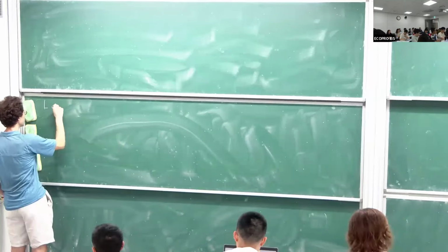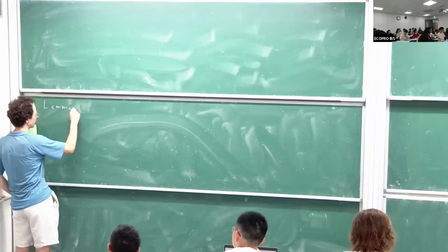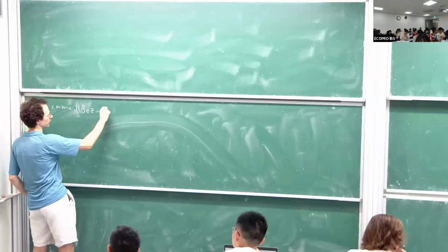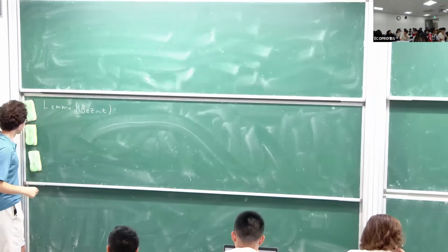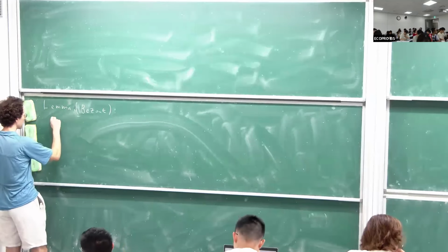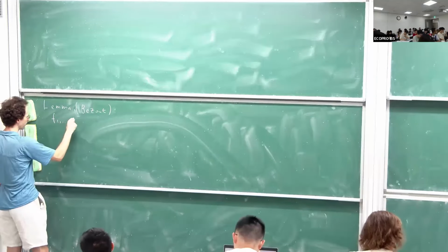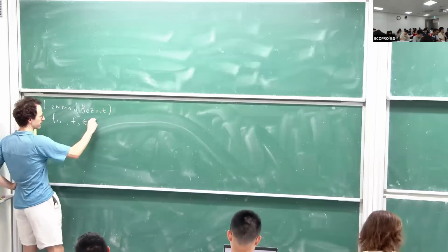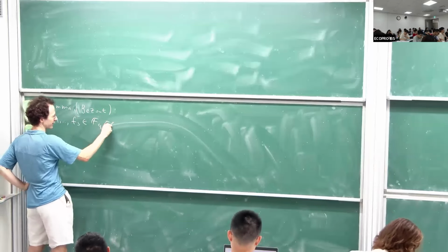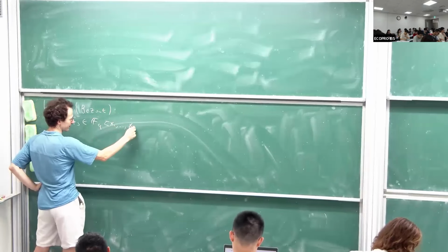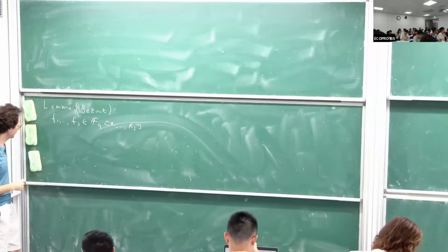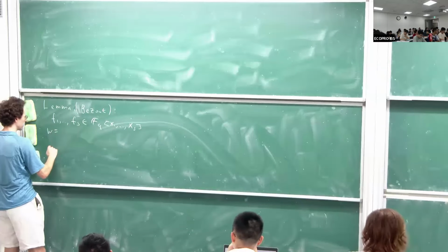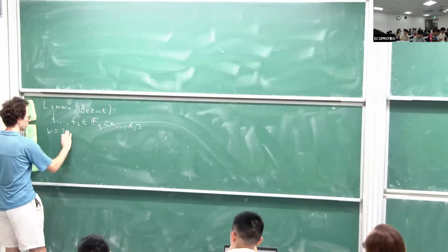Okay, so first of all, let's recall what we will need. So we need Bezout's theorem. It was the following. We had polynomials and the variety which they cut out.